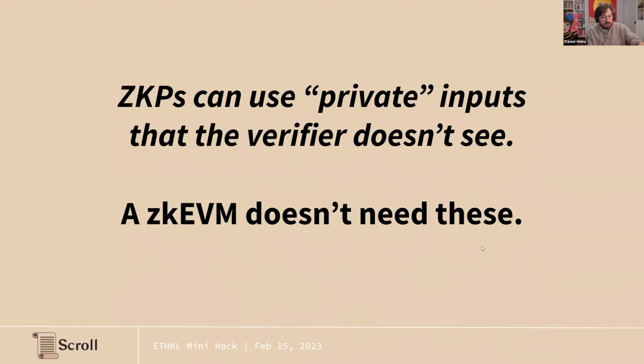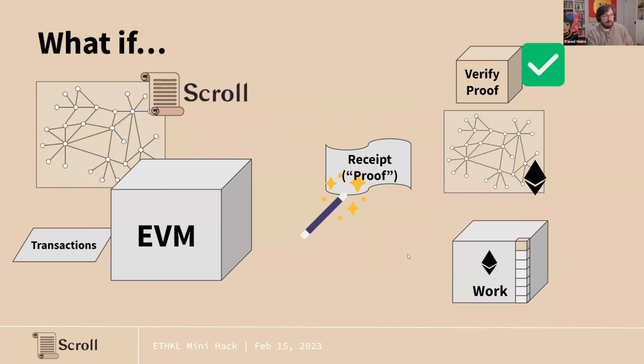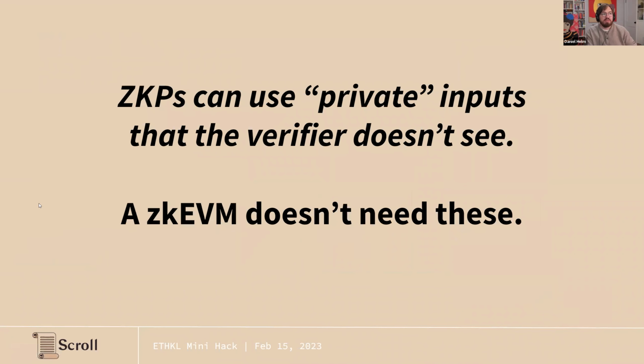All right, big caveat. In this past bit, I have our input here, and these are all very public inputs. Everyone can see the transactions being submitted. But zero-knowledge proofs can also use private inputs that don't ever have to get passed along to the verifier. If you see things about privacy protocols and privacy zkEVMs, they're using this aspect of ZK proofs.